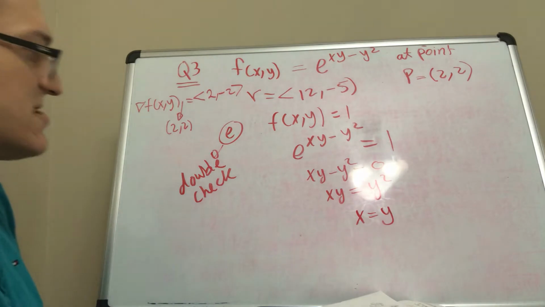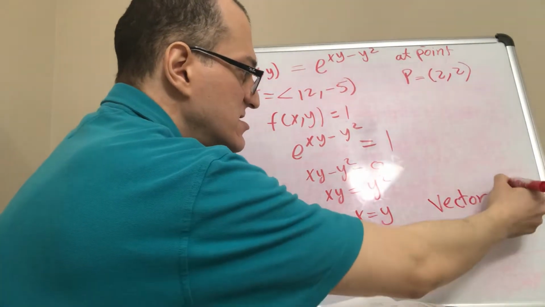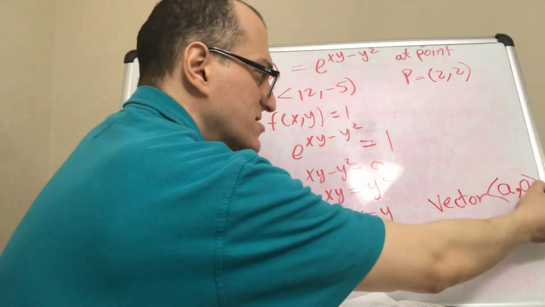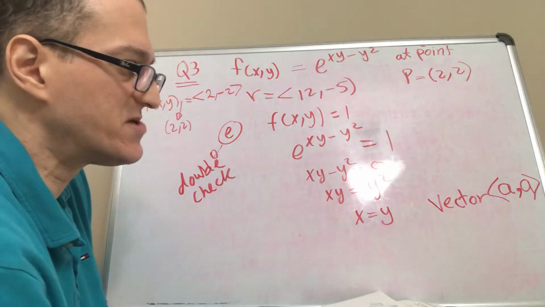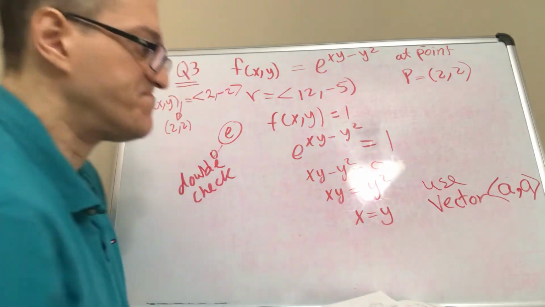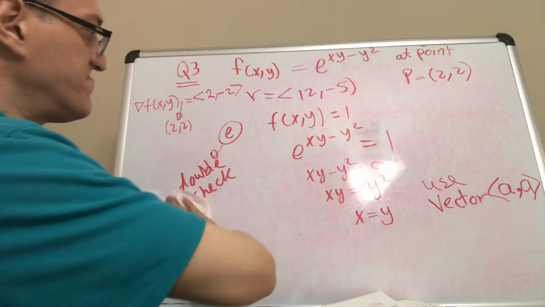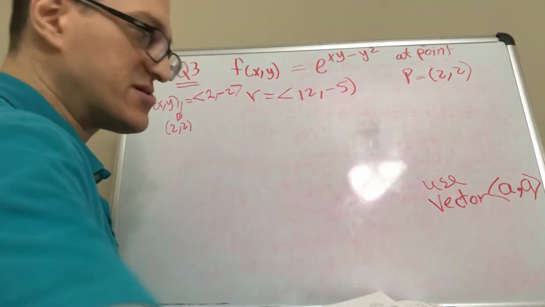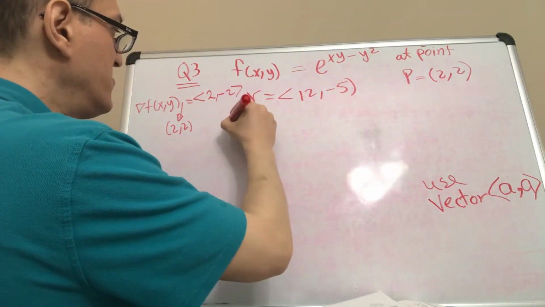So that means that the vector is a number and it's the same number because both x and y are the same. So you can treat the vector as (a, a). I'm going to erase some of this. We get the unit vector of this, and let's call this vector V now.